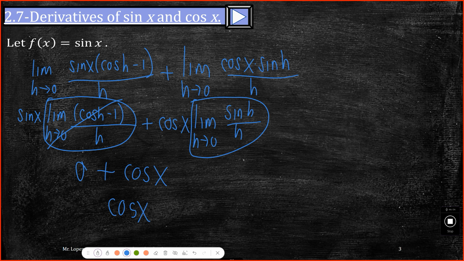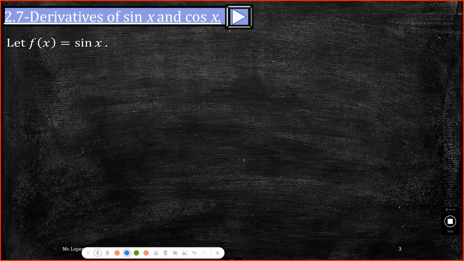So the derivative of sine x is what? Cosine x? That's enough. Hopefully you don't want to go through all this with the derivative of cosine, do you?